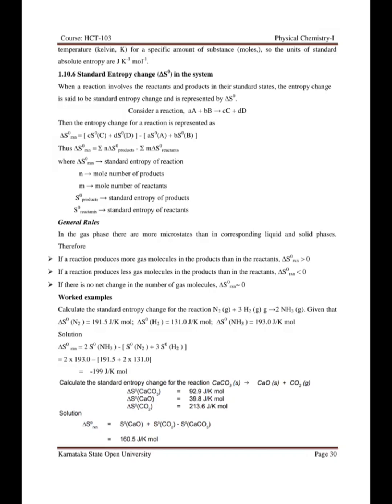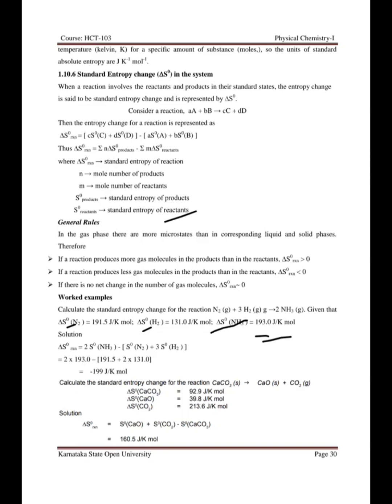That is the delta S naught, what is it? The standard entropy of N2, which is a reactant, and delta S naught of H2 is also a reactant. Delta S naught of NH3 is the product. So this is 193.0 joules per Kelvin mole.